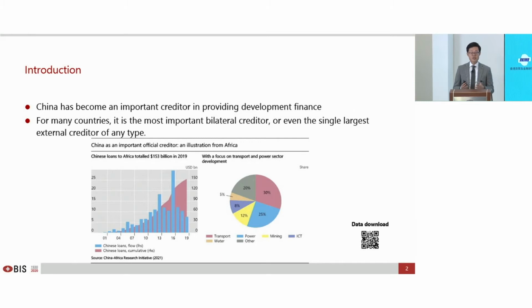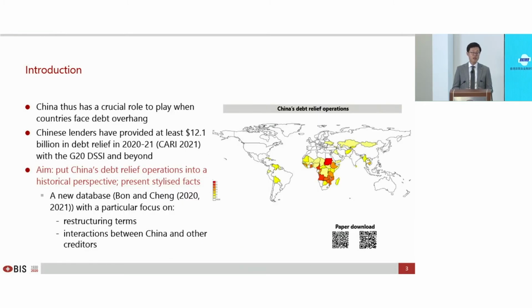Those loans have primarily been to three sectors: transport, power, and mining, which represent almost 70% of those 153 billion in loans to African countries. This big role as an official creditor also makes China a very important player when debtor countries face debt overhang problems.